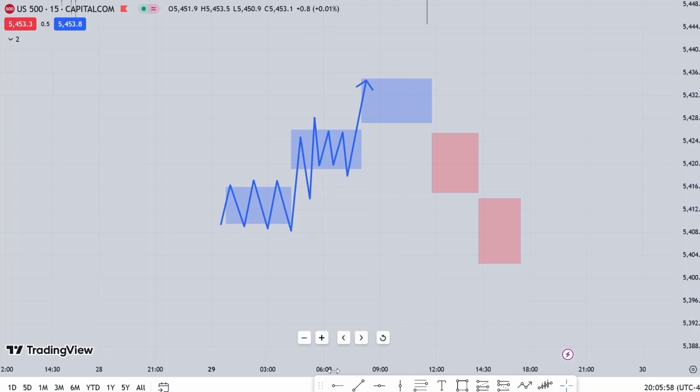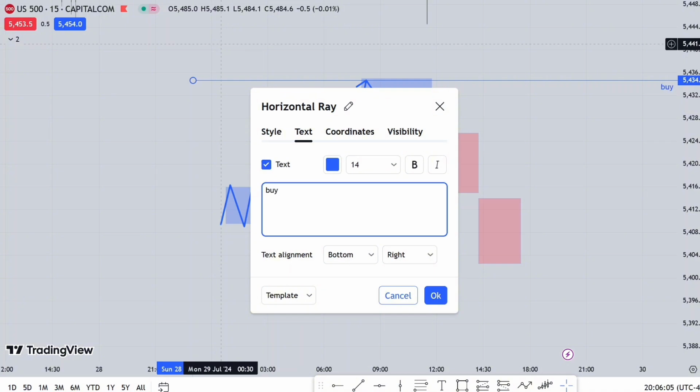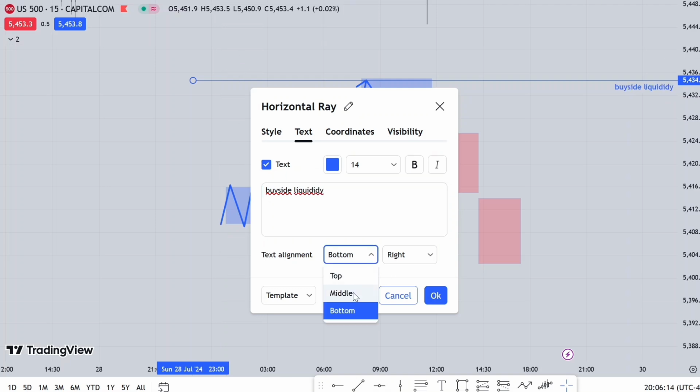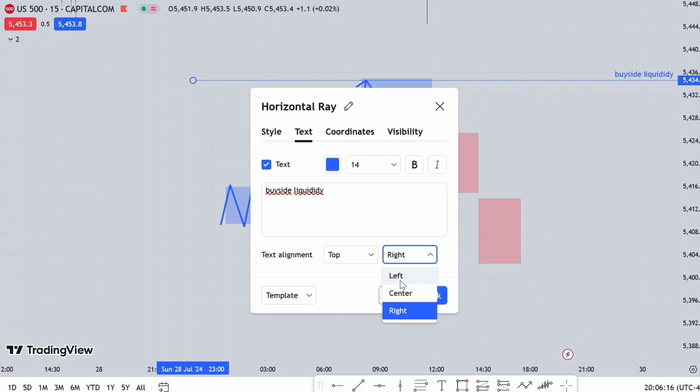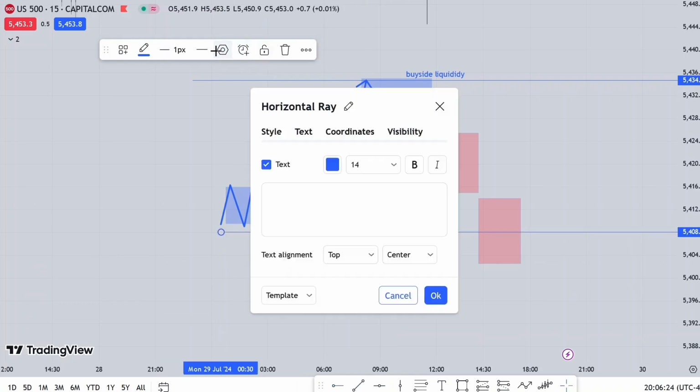Let's say above here we have buy stops, which is buy side liquidity. And below here we have sell stops.